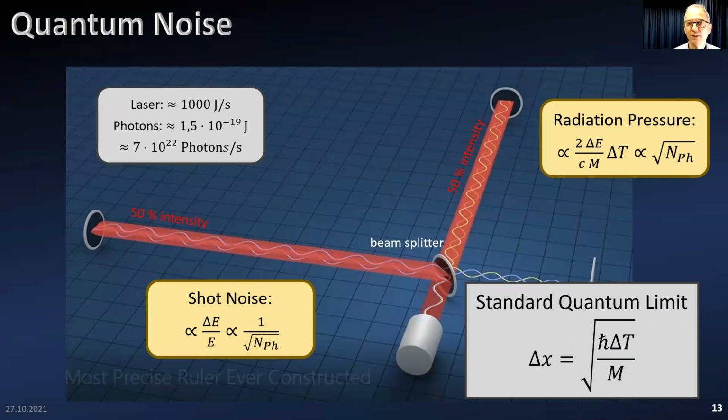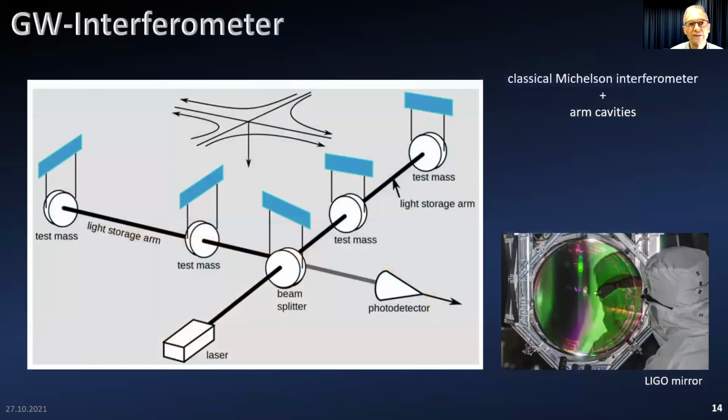And at the bottom is the only parameter that you have to control that. It's the mass of the mirror. So the heavier you make the mirror, the less influence the radiation pressure has. So if you double the mass of the mirror, you can go up a little bit in laser power, get less radiation pressure and less shot noise. Okay. Yeah, and so this is how we do it.